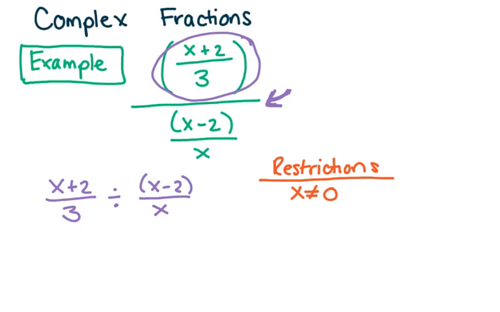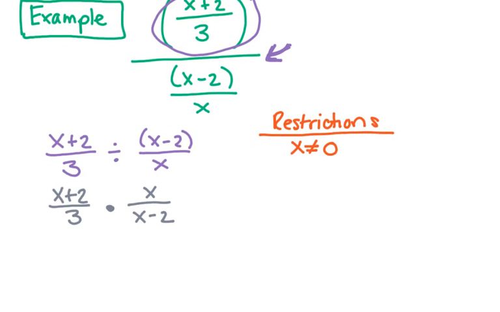All right, now I'm going to go to the dividing part. So to divide fractions, we keep, change, flip. So I'm going to keep the first, so x plus 2 over 3. Change to multiply, and flip the second fraction. I went over this a lot in the 7.2 video, so if you need to go back and look through that, you can.